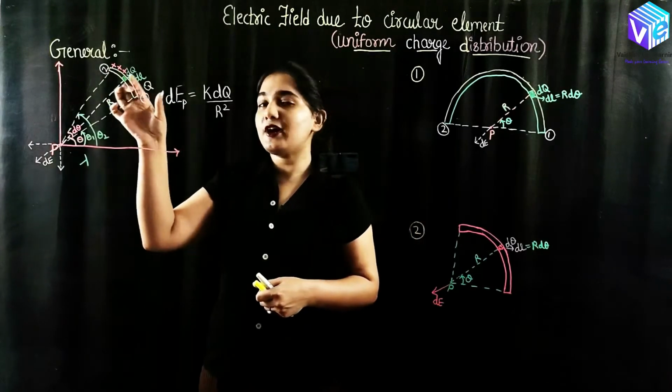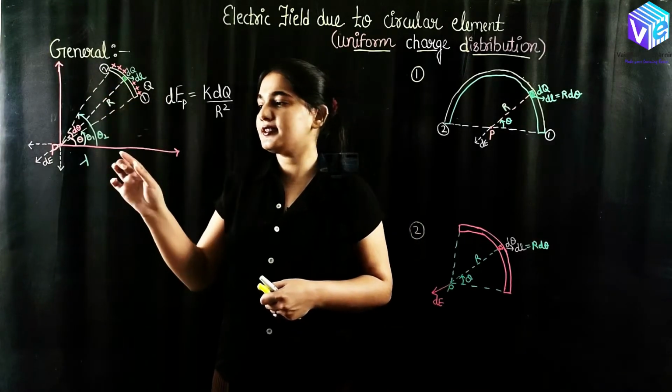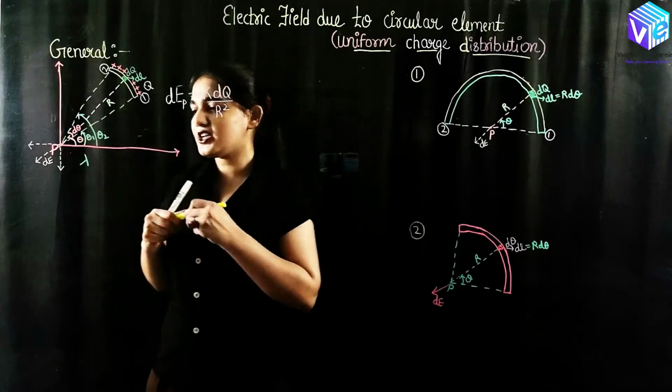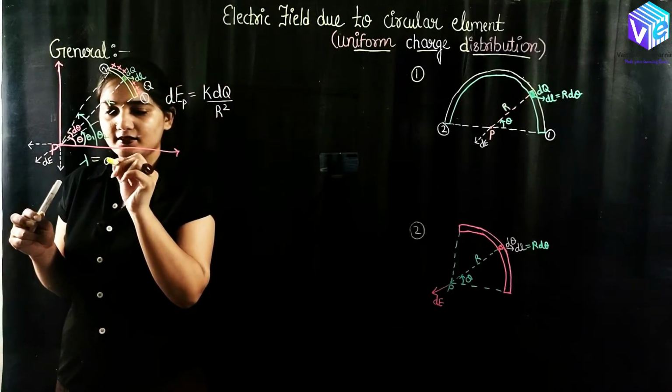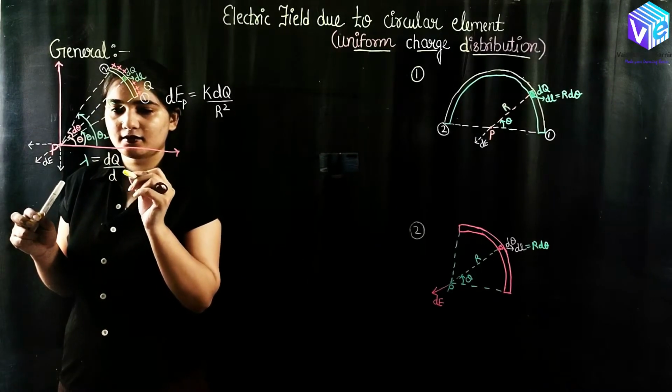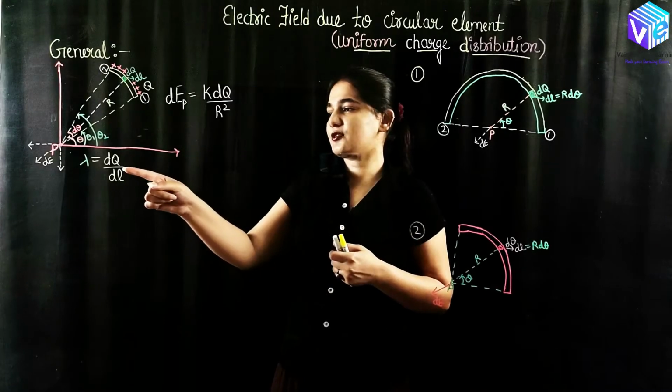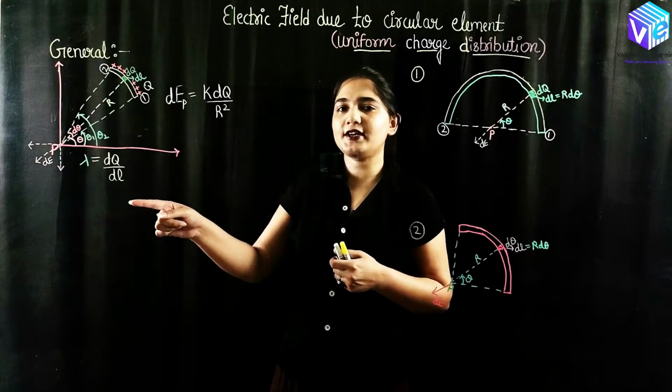One more point I know is about the line charge distribution. What is the line charge distribution in this case? The line charge density will be lambda equals dq upon dl.